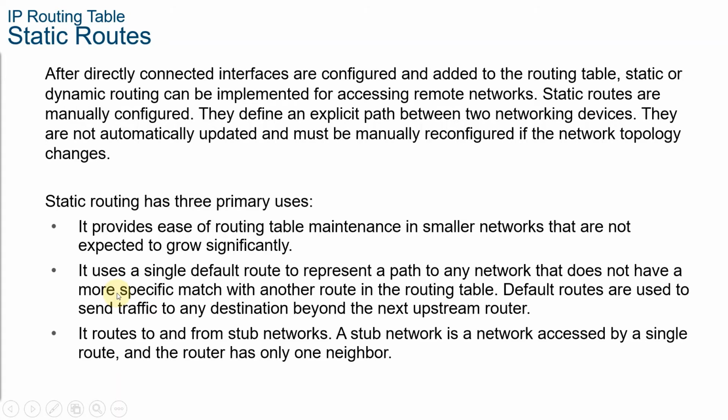Default routes are used to send traffic to any destination beyond the next upstream router. And third, it routes to stub networks. A stub network is a network accessed by a single route. Okay, and if the router has only one neighbor, that's a stub network.